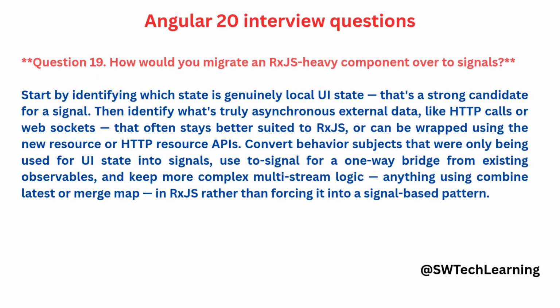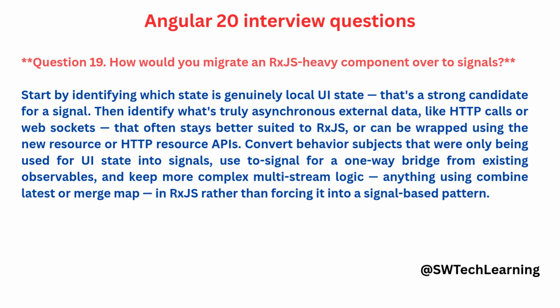Question 19. How would you migrate an RxJS-heavy component over to Signals? Start by identifying which state is genuinely local UI state. That's a strong candidate for a signal. Then identify what's truly asynchronous external data, like HTTP calls or WebSockets, that often stays better suited to RxJS, or can be wrapped using the new resource or httpResource APIs.